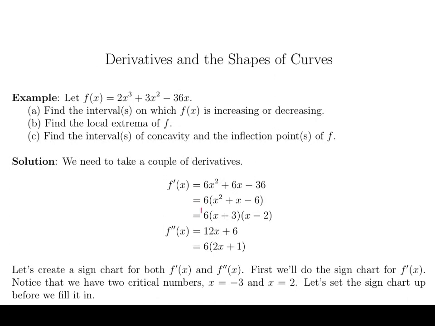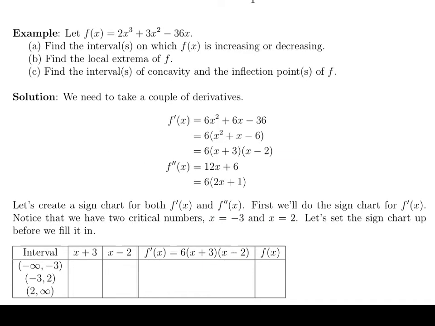Now we should be able to see from this first derivative that there are two critical numbers, x equals negative 3 and x equals 2. So let's set up the sign chart before we fill anything in, just as we had done before. Because we have negative 3 and 2 as our critical numbers, we set up our intervals with those as the breakpoints.